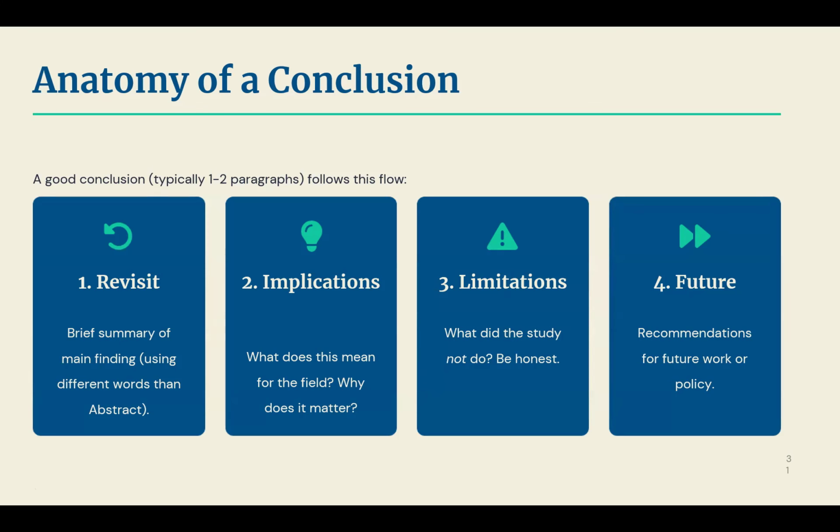It is the place where you revisit your main findings, giving a very brief, succinct, in-a-nutshell summary of them. But remember, you phrase them differently in the abstract and in the conclusion. And secondly, you indicate implications, what impact it has on the field, which answers the question: why does your research matter?